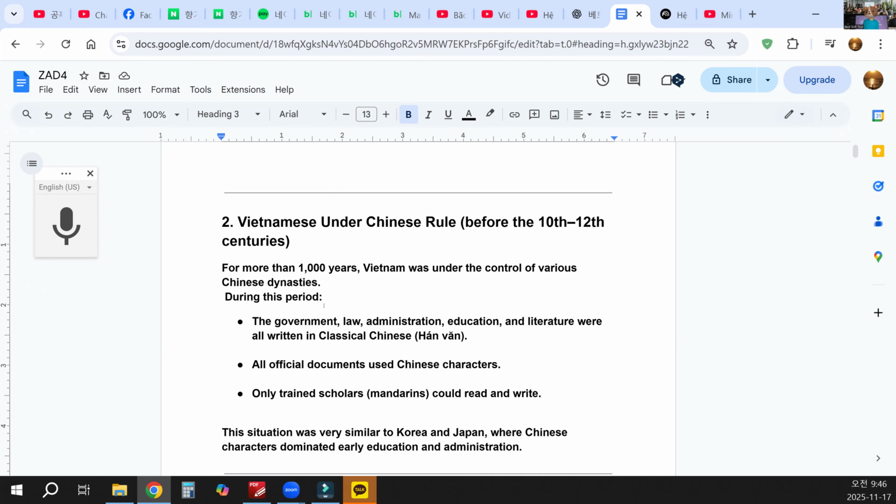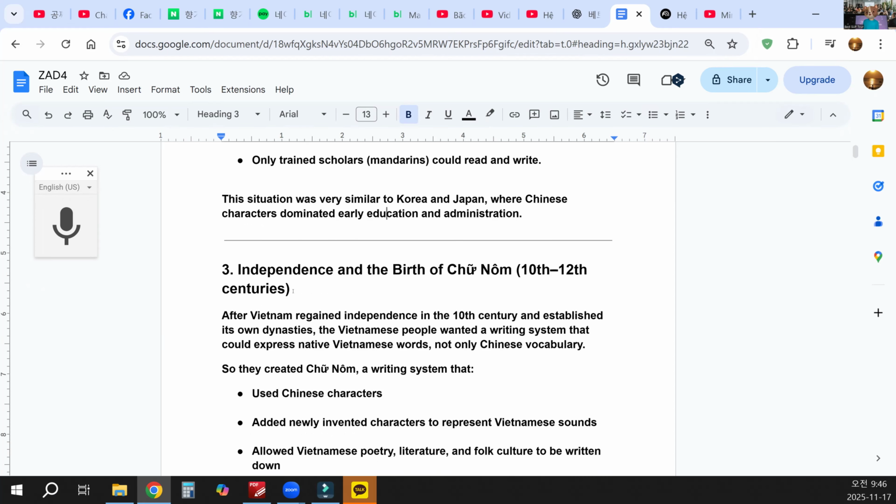During this period, government, law, administration, education, and literature were all written in classical Chinese, Hanvan. All official documents used Chinese characters, and only trained scholars, mandarins, could read and write. This situation was very similar to Korea and Japan, where Chinese characters dominated all education and administration.